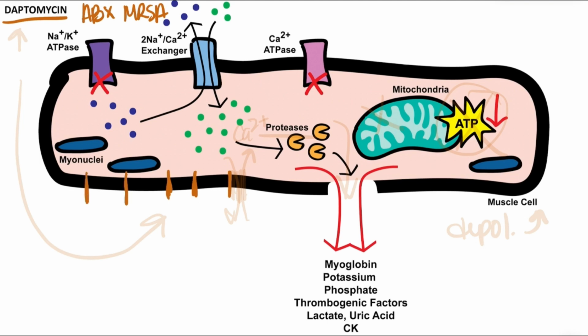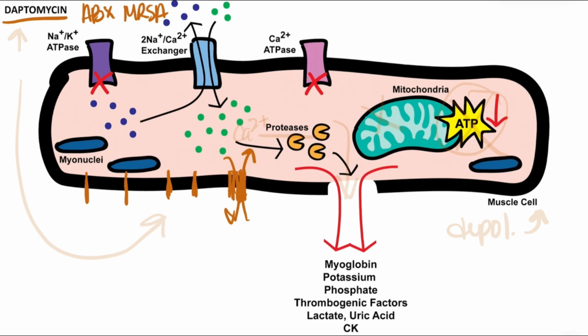And then once these are inserted, the daptomycin molecules can aggregate together, eventually forming a channel where ions can travel through down their concentration gradients. And this leads to rapid depolarization of the membrane. And in bacteria, this would lead to bacterial cell death.